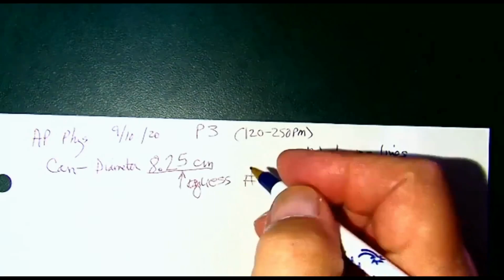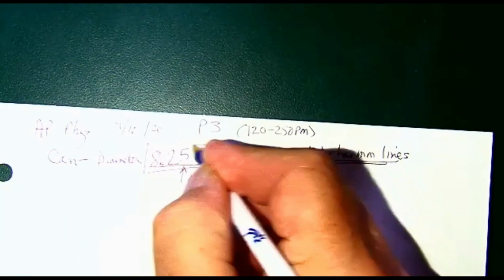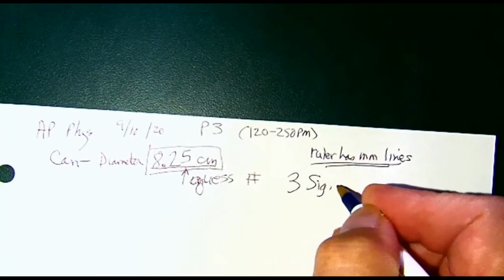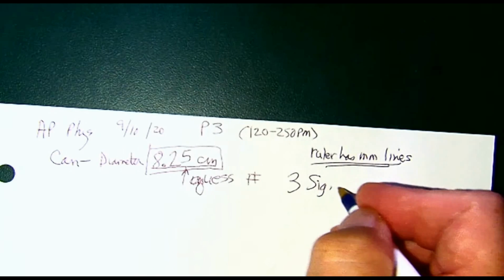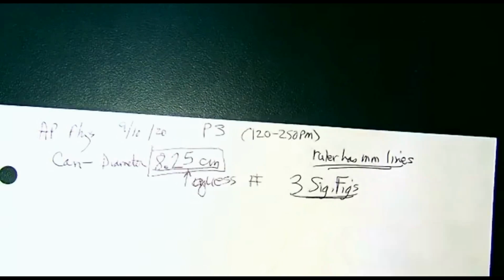Okay. Now, all three of these, including the uncertain one, is called 3 significant figures. Do you use sig figs? Is that what you guys say? Yes? Okay, 3 sig figs. Significant figures are all sure numbers plus a guess number.